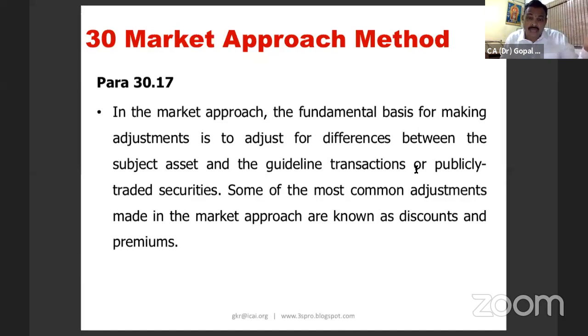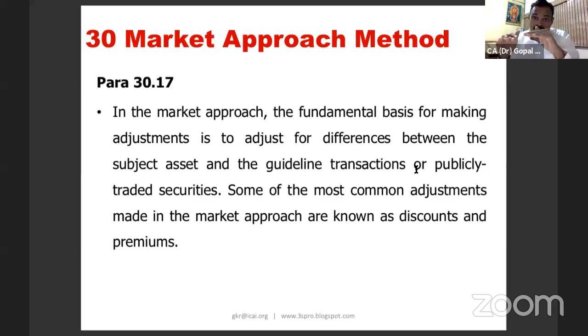So in the next area, in Dwarka, one week back, there was a guy who sold one BMW car, the same range, the same class that I'm having, only the color is different, and make is also same, the class is same, year of manufacture there is a 1 year difference, number of kilometers there is some difference, but it is called guideline transaction. So that I can take it. Some of the most common adjustments in the market approach are discounts and premium.